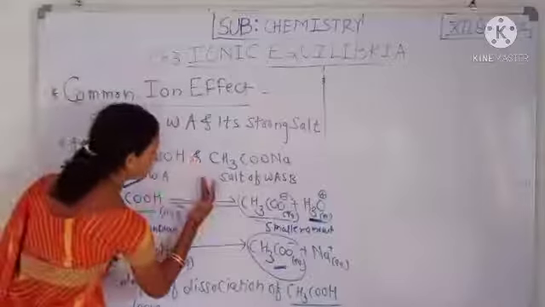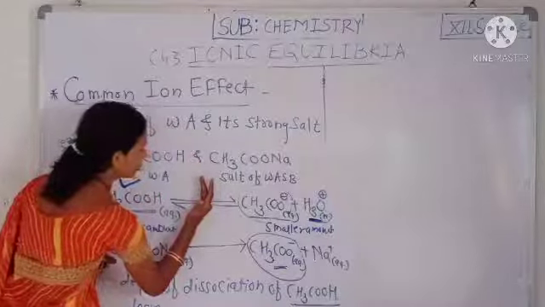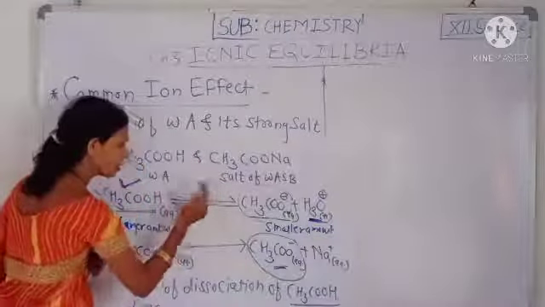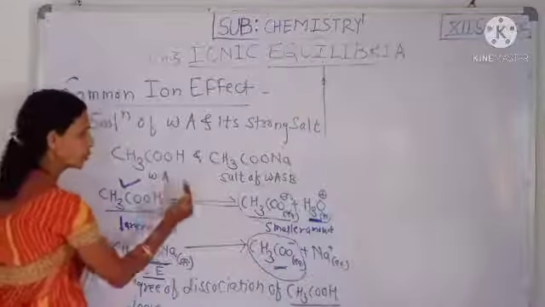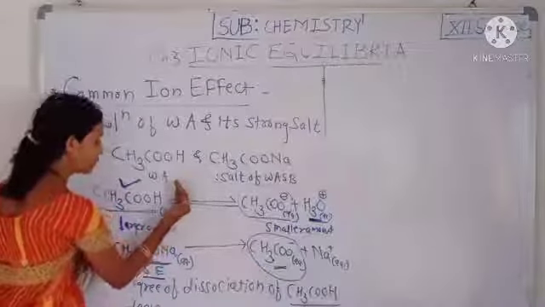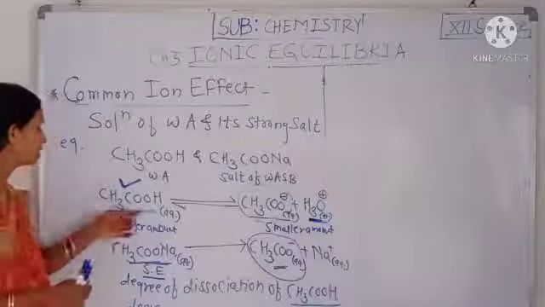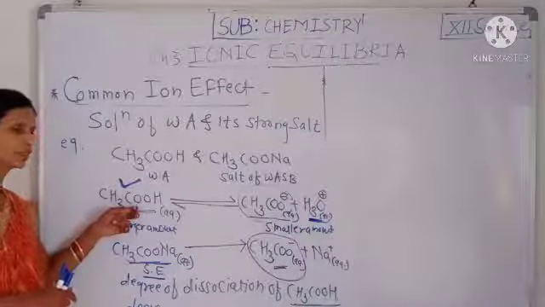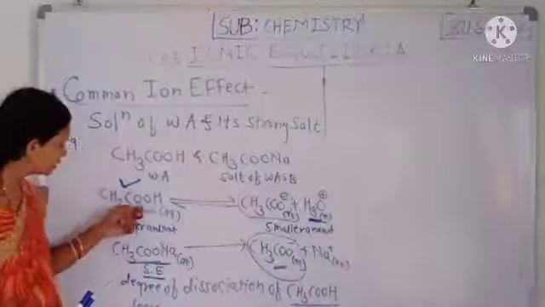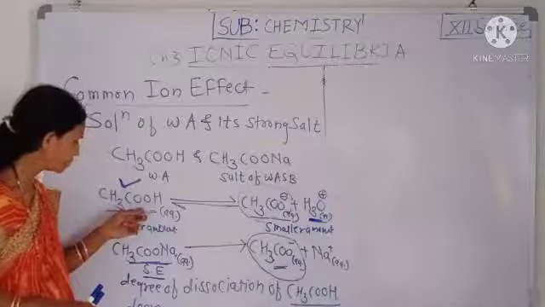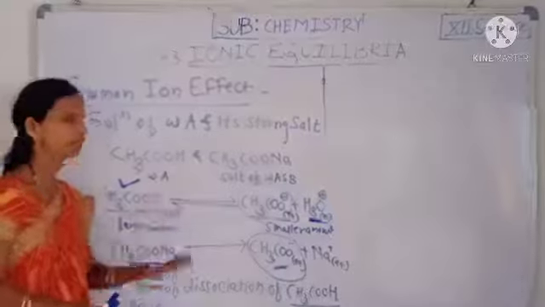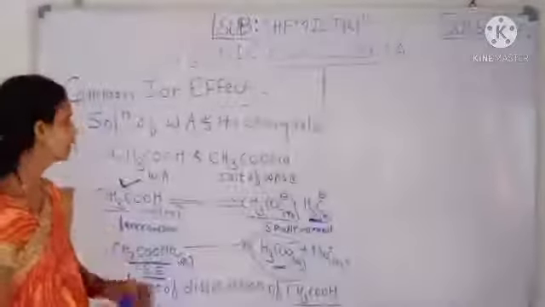The equilibrium is shifted towards the left because the reverse reaction takes place more and more, and more unionized molecules of that weak electrolyte are formed. That means the degree of dissociation of that weak electrolyte is decreased. That is the common ion effect.